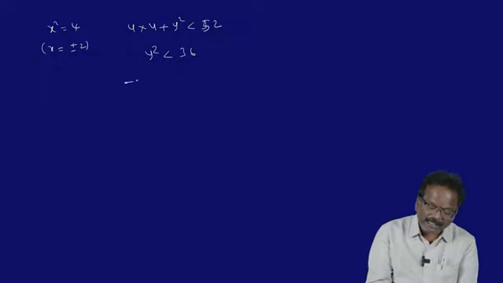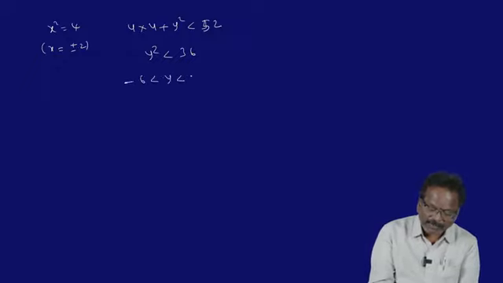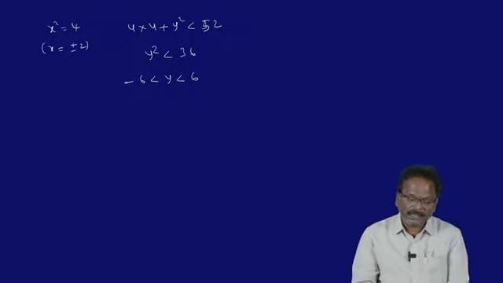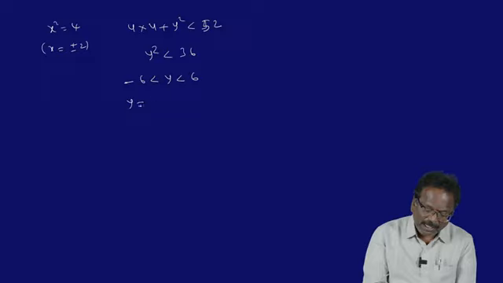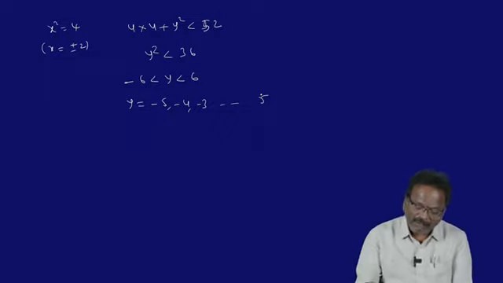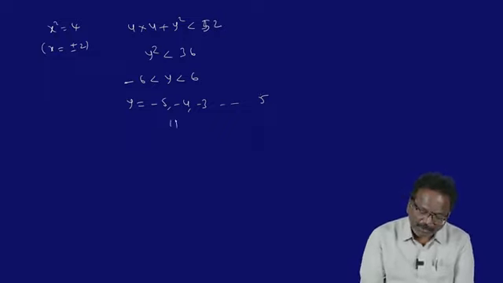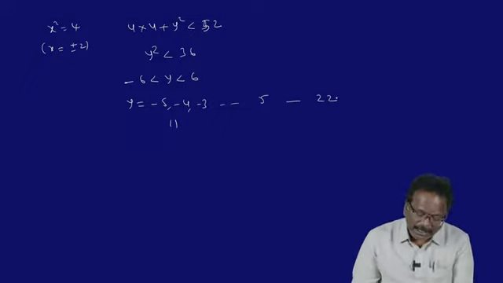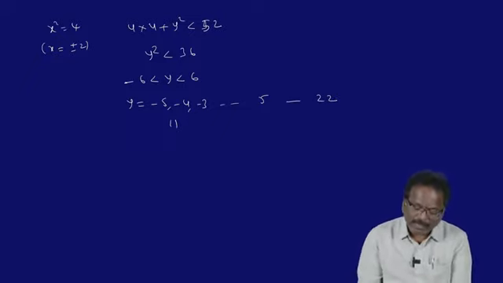Y lies between minus 6 and plus 6, which means y may be equal to minus 5, minus 4, minus 3 up to 5. Here 11 values are possible for y. So if x is plus 2, 11 values. If x is minus 2, 11 values. Total number of values is 22.